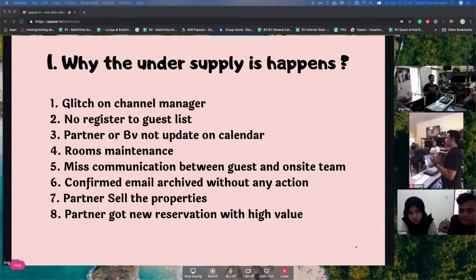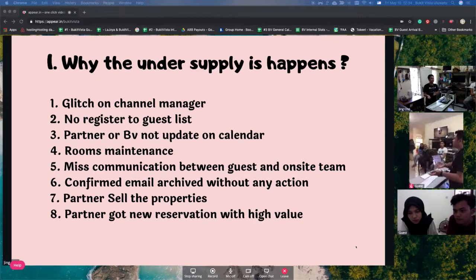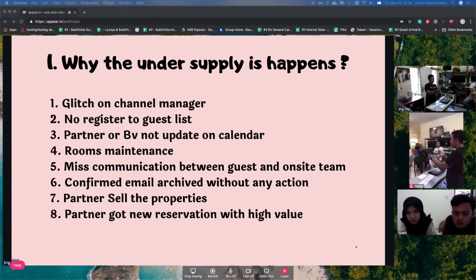The guest says, I will stay one more night, and the staff maybe just say, oh yes, but they don't know how to take action, like telling the BP team or the owner. Then the guest expects, I already confirmed with the on-site team. So the calendar is not blocked or updated, but the guests still stay there. That's one of the ways undersupply can happen.